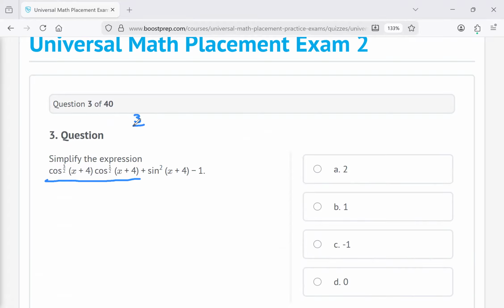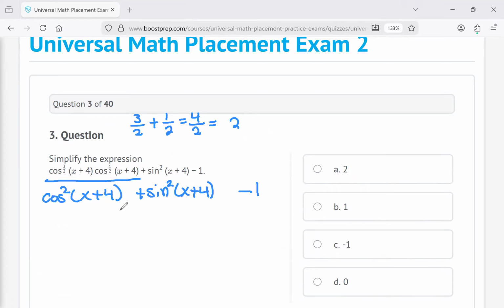So what is 3/2 plus 1/2? That is 4/2, and 4/2 is 2. So now you can rewrite this as cosine squared of x plus 4. And then bring down the plus sine squared of x plus 4, and then you have a minus 1. So then what you're going to have to do is use some kind of identity.